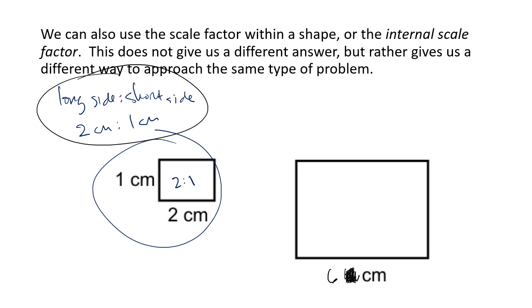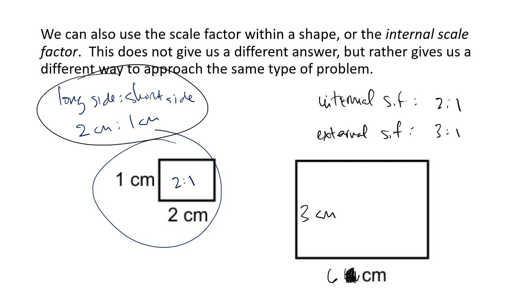That means my short side here has to be 3 centimeters. So again, my internal scale factor is 2 to 1, long side to short side. But if I look at my external scale factor, comparing shape to shape, then I can see that the corresponding sides are actually 3 to 1.